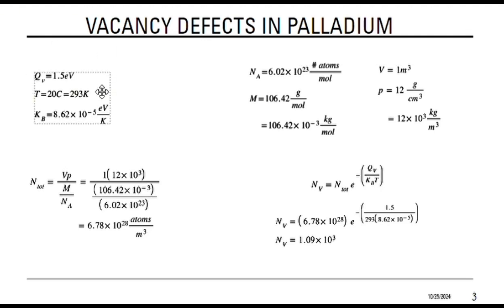Same temperature, and the Boltzmann constant and Avogadro's number stay the same, as they are constants. Our molar mass is a little different. It is no longer 107.87, it is 106.42.